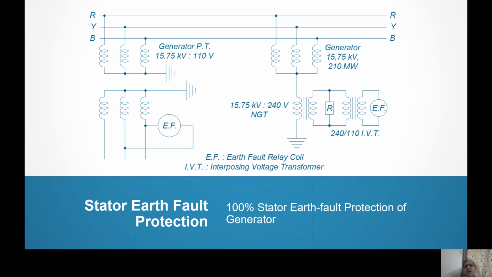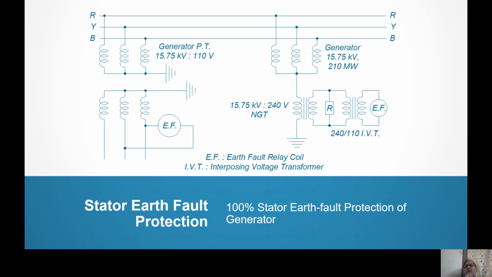So a reactor which is capable of withstanding 8 kV and a very large ohmic value of 4000 ohms is technically not feasible. So we are connecting an NGT. It's a single phase distribution transformer. 15.75 kV is the primary voltage, 240 volt is the secondary voltage, and the reactor is connected in the secondary.